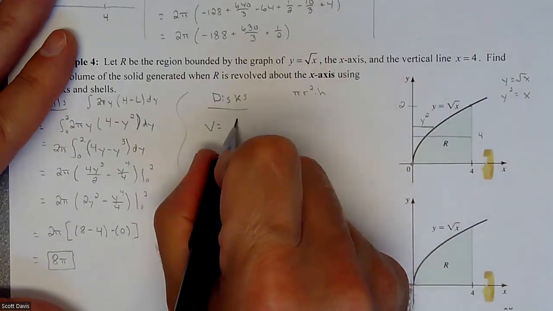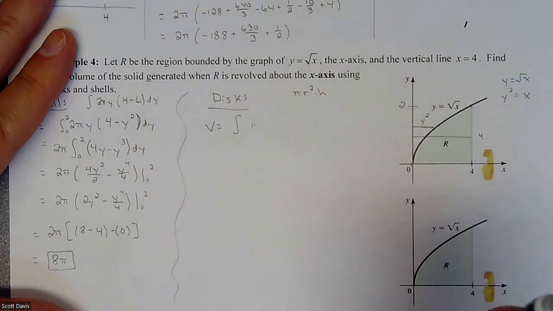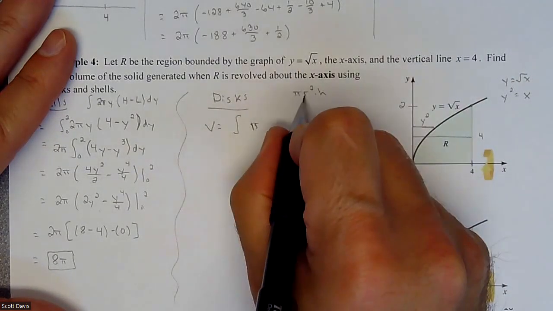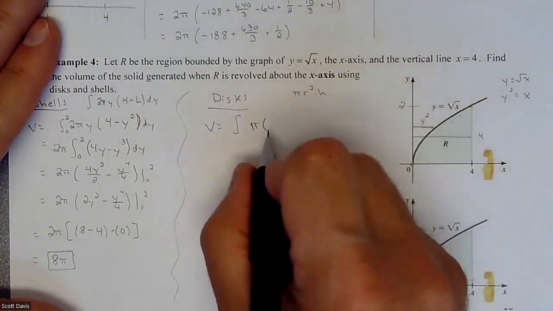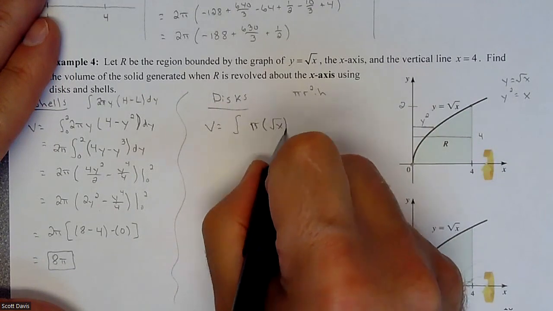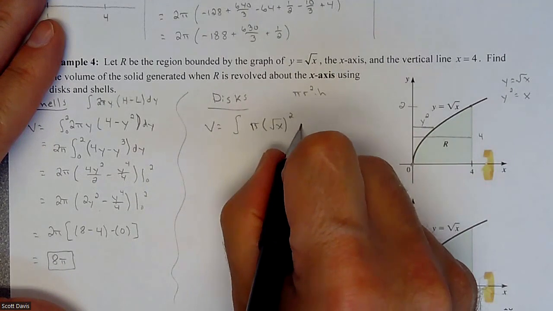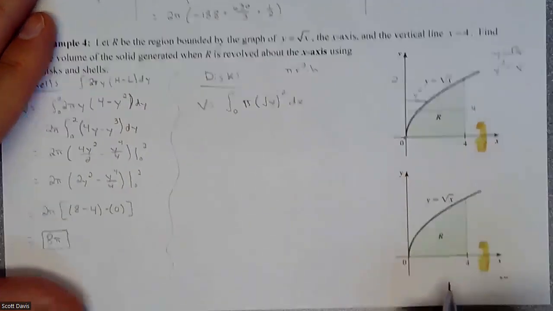So that's an integral where r is the square root of x, squared, and the height is the thickness of these cylinders, dx, going from 0 to 4.